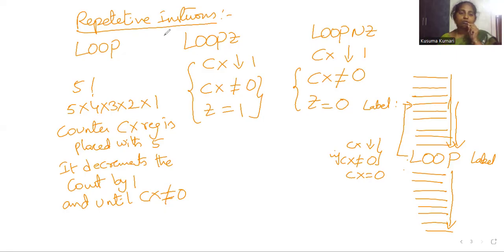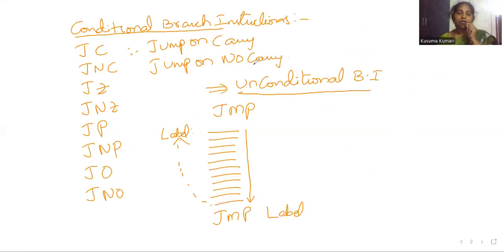So the repetitive instructions are loop, loop Z, and loop NZ. Unconditional branch instruction is jump, simply jump without any condition. The microprocessor execution jumps to the specified location.